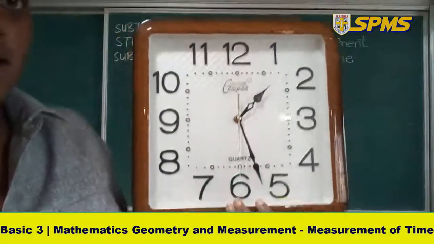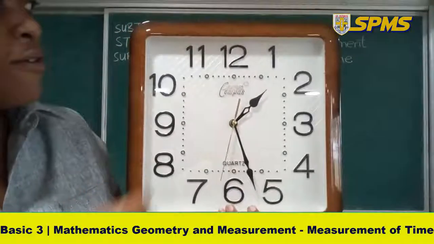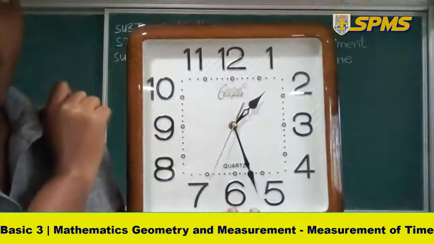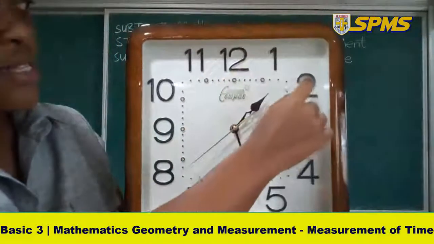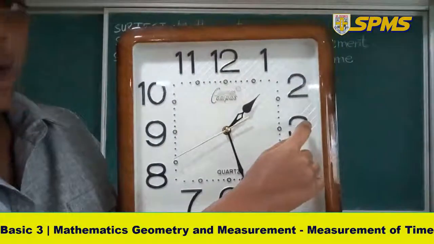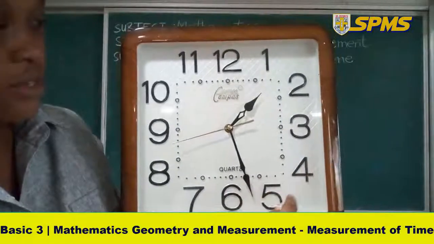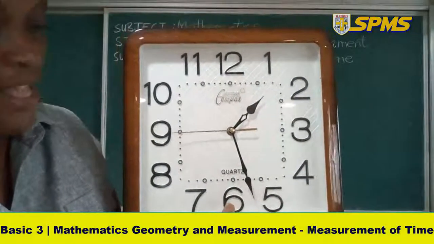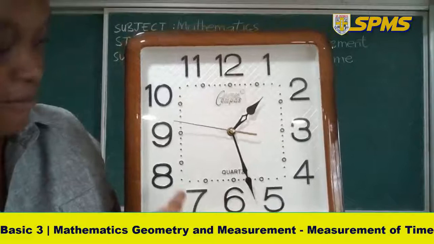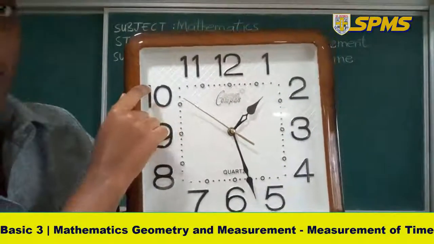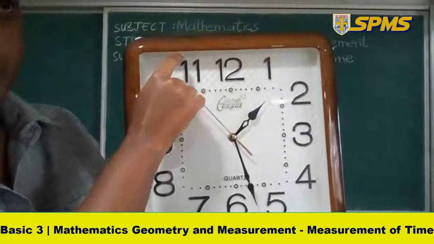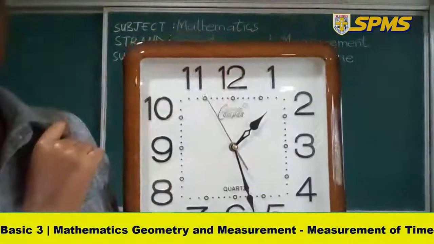Now let us count. From 12 to 1, we have 5. So 5, 10, 15, 20, 25, 30, 35, 40, 45, 50, 55, 60.